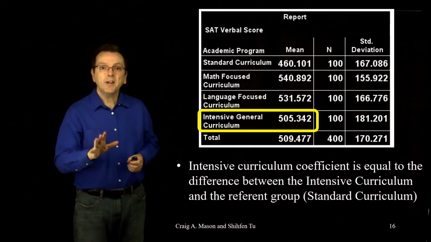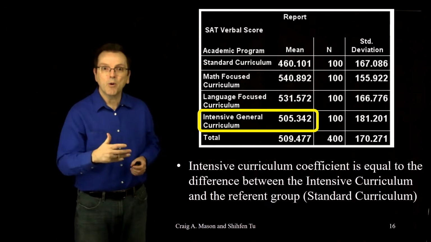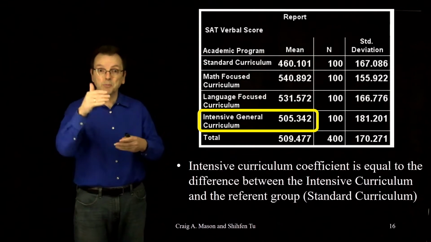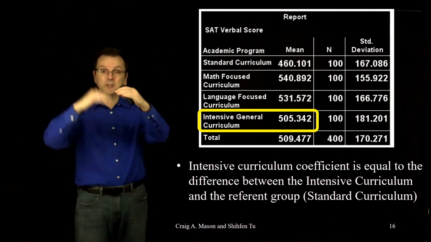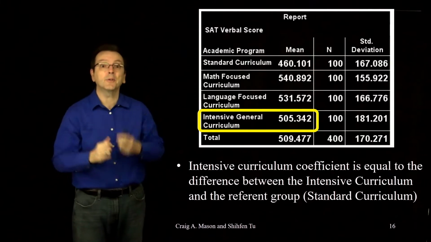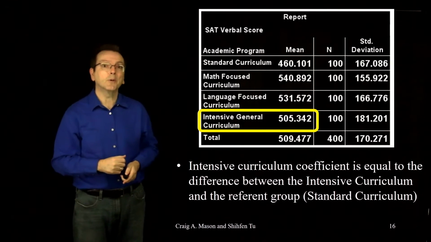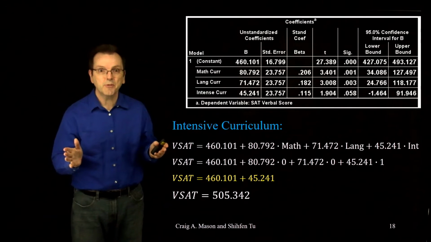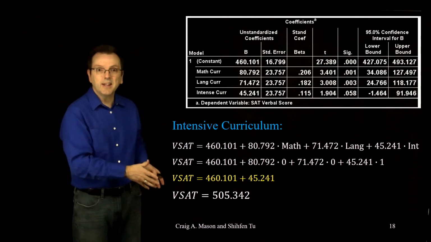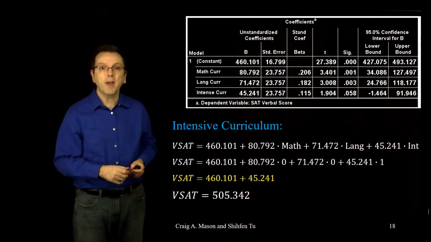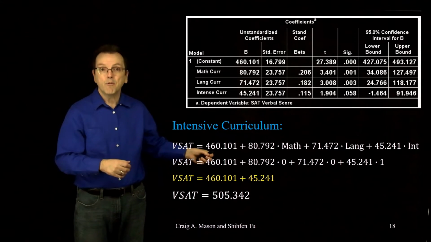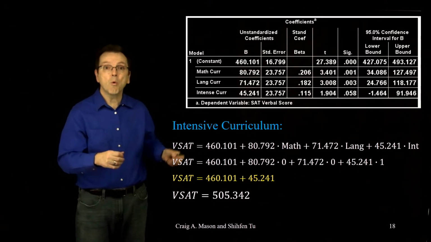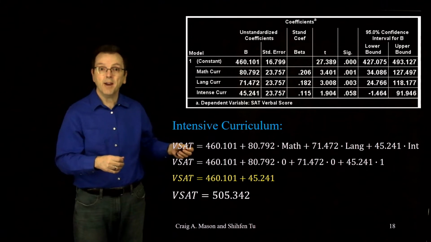Now, with dummy coding, the intensive curriculum coefficient is equal to the difference between the intensive focused curriculum and the standard curriculum, our referent group, right? And again, just like we've seen before, we're taking the mean for the referent group and we're adding 45.241 to it, right?